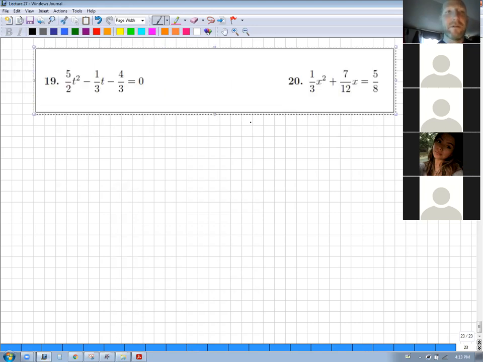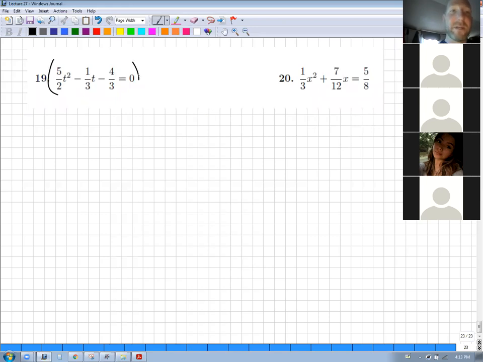All right, so let's get rid of the fractions. Let's multiply everything by 6, because 2 and 3 both divide into 6. So 6 over 2 is 3 times 5 is 15. 6 over 3 is 2, times 4 is 8.